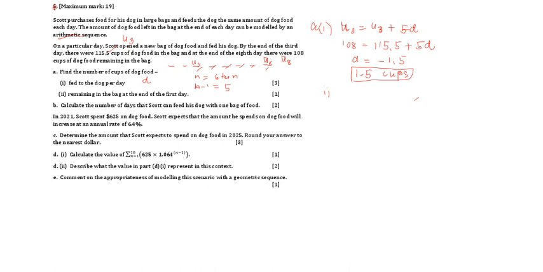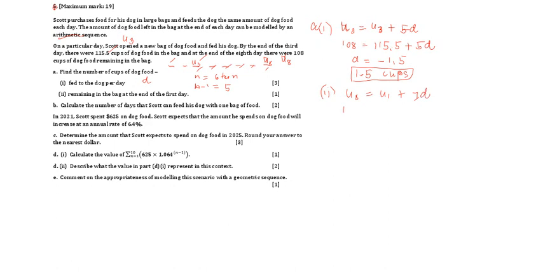Part 2. The number of cups of dog food remaining in the bag at the end of the first day. So this is at the end of the third day, at the end of the fifth day, at the end of the first day. So we're looking for U sub 1. We can use U sub 8 equals U sub 1 plus n minus 1, 7d.